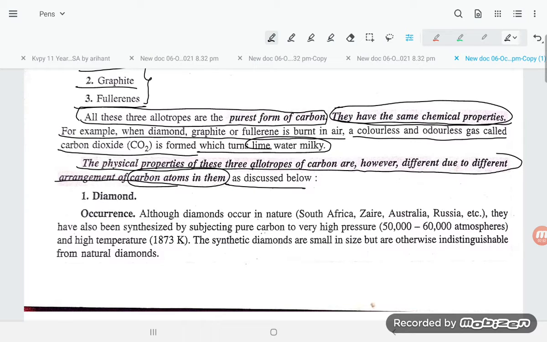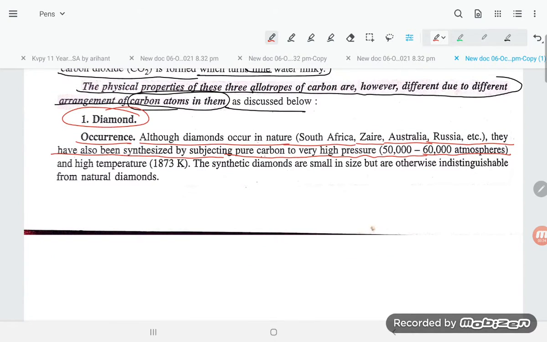First of all, let us try to understand the diamond. Let us look at its occurrence. Diamond occurs in nature in South Africa, Zaire, Australia, Russia, etc. It has also been synthesized by subjecting pure carbon to very high pressure, 50,000 to 60,000 atmospheres, and high temperature, that is 1873 Kelvin.